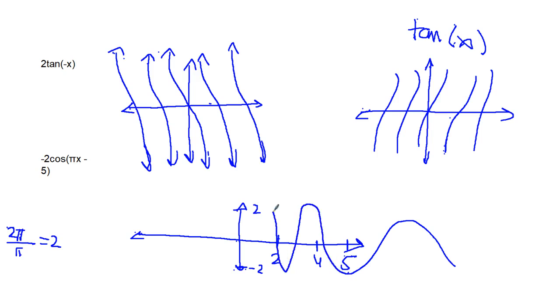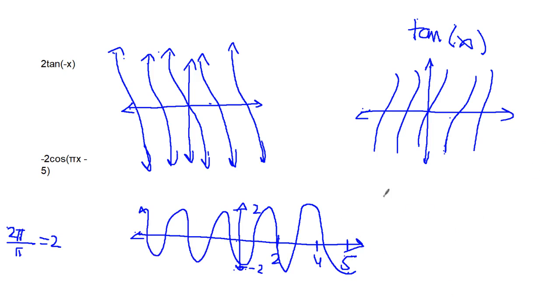Okay, this is a really bad drawing for that. Yeah, it'll actually look like this. That's how the graph will look. It doesn't look this smooth. It'll look something like this.